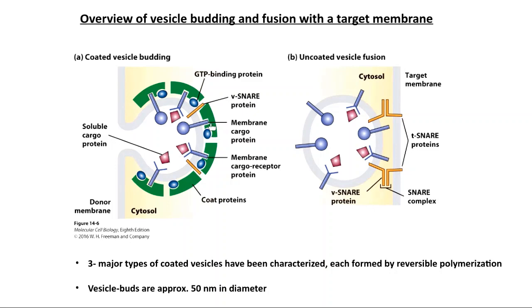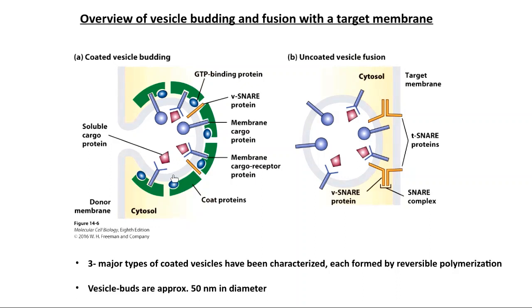These coat proteins are very specific depending on what kind of vesicles are getting formed, whether they are for the anterograde transport or for the retrograde transport or for the lysosomal or endosomal transport. Based on that, particular GTPase proteins will get recruited onto the membrane of the budding vesicle.